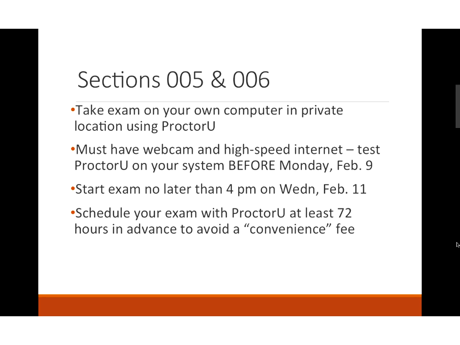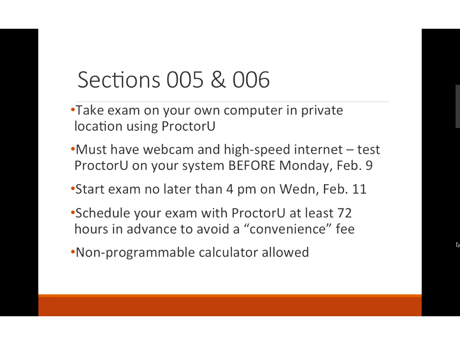As of yesterday, only 25% of the students in sections 5 and 6 had scheduled their exams with ProctorU. That means the earlier you sign up, the better your chance of getting the time slot you want. They can't accommodate all 250 students at 4 p.m. Wednesday either. If you wait till Wednesday afternoon to take it, that is when something will go wrong. So you want to sign up in advance.